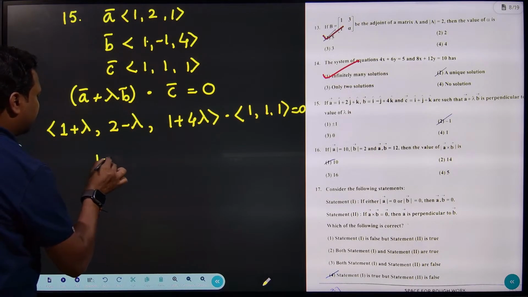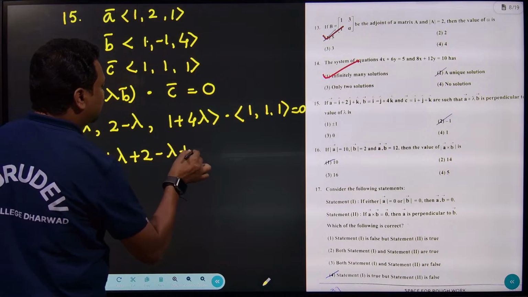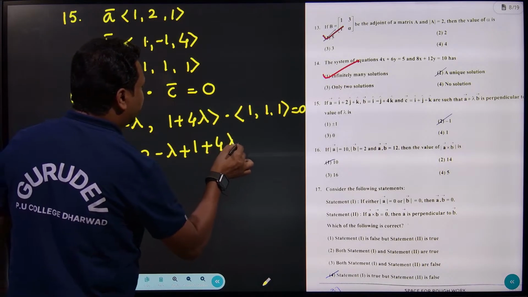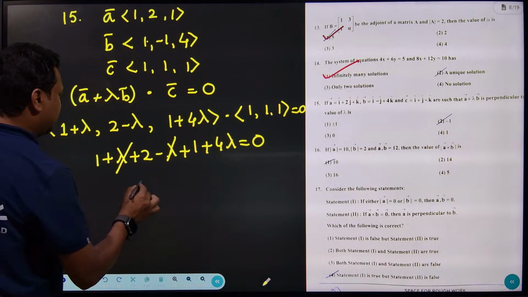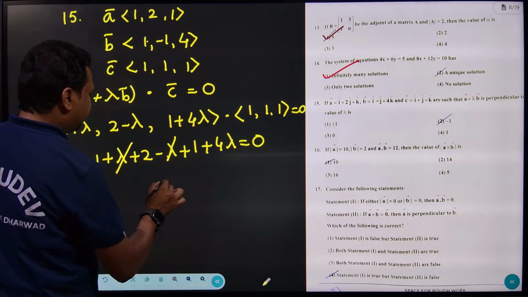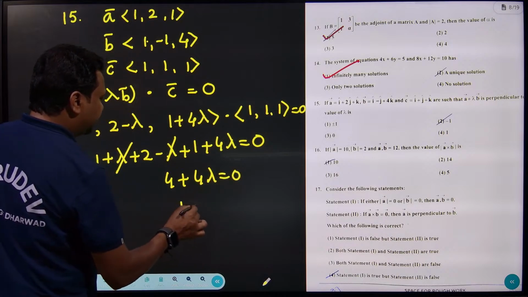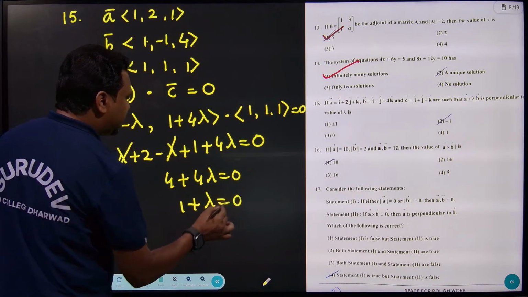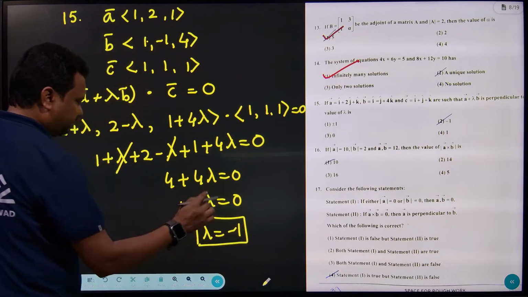We get 1 plus lambda plus 2 minus lambda plus 1 plus 4 lambda is equal to 0. Therefore plus lambda minus lambda get cancelled. 1 plus 2 is 3, 3 plus 1 is 4, plus 4 lambda is equal to 0. Dividing throughout by 4, 1 plus lambda equals 0. Therefore lambda is equal to minus 1.